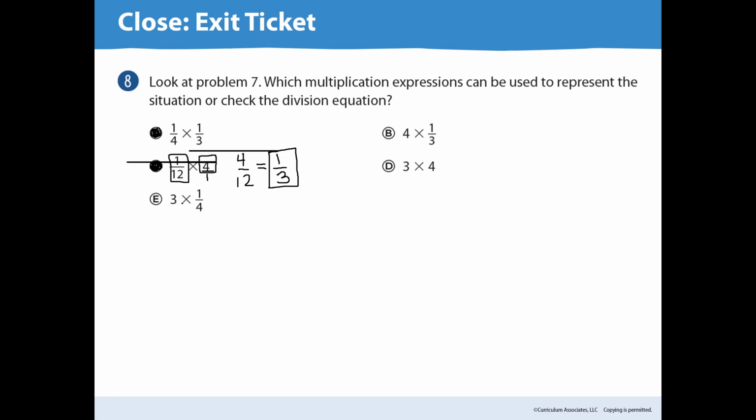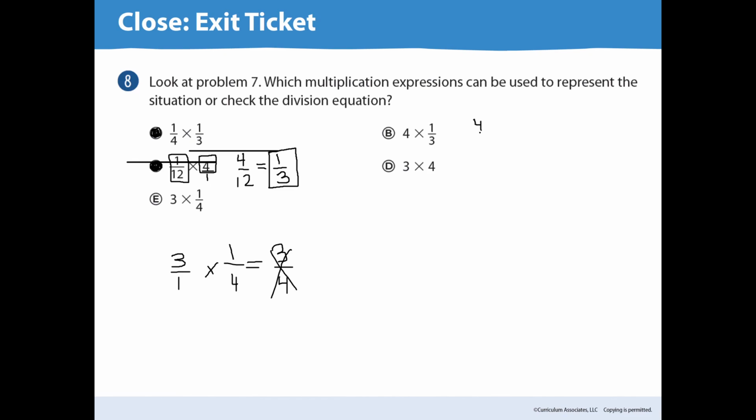Okay, 3 times 1/4. Let's look, 3 over 1 times 1/4. That's 3/4. We never saw anything with 3/4, so that one can't work. All right, 4 times 1/3.